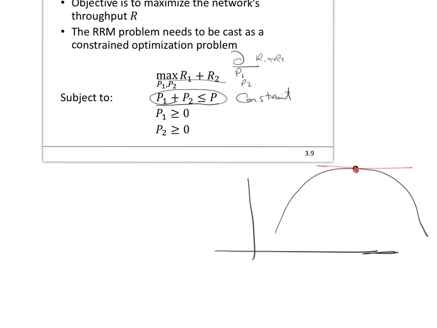But if you draw P1 plus P2 less than P, this will get you a straight line like this. This is a linear constraint, right? And anything below that. So definitely the absolute maximum here does not fulfill the constraint, because here we say this is maximum, but P1 plus P2 is less than P. So the absolute maximum of this problem does not really fulfill the condition.